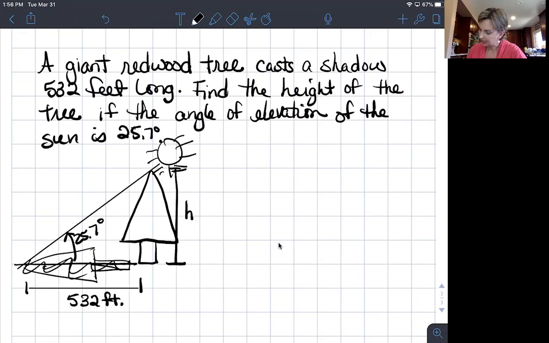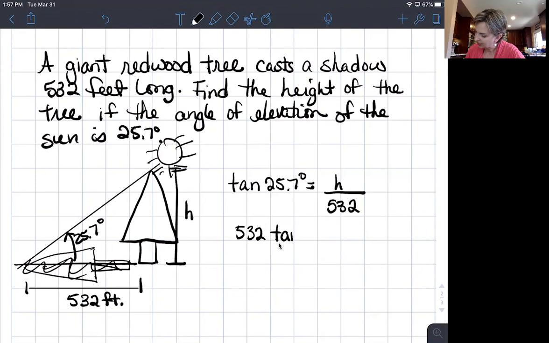So it's going to be set up like this. Tangent of 25.7 degrees is opposite, which is our h, over 532. And then you're just going to solve this for h. It's that simple, right? It's just going to be 532 times the tangent of 25.7 degrees equals h.